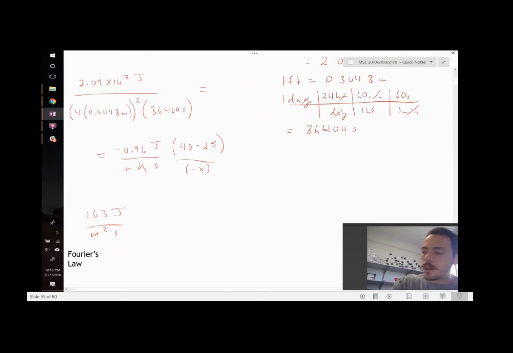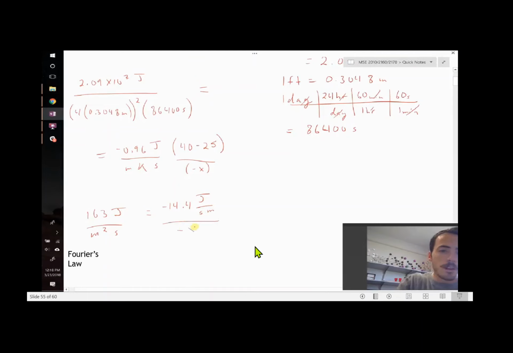And on the right-hand side, it simplifies down to negative 14.4 watts per meter, which we already decided was a joule per second per meter, divided by negative x.